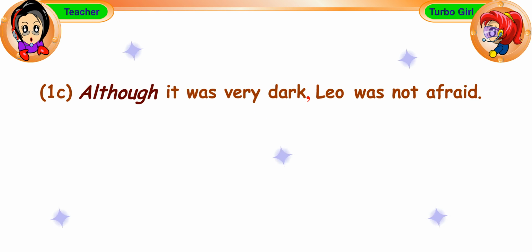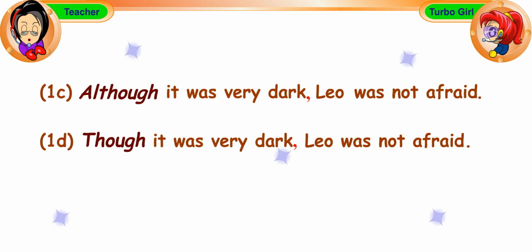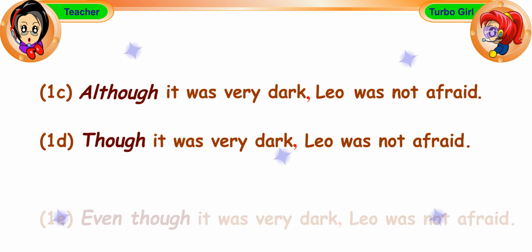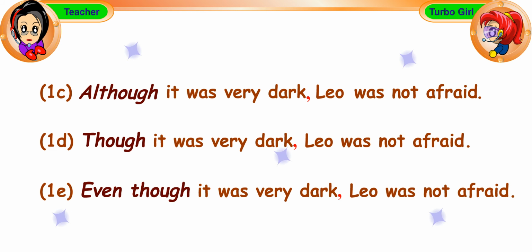Examples of the use of though and even though at the beginning of the sentence are 1d. Though it was very dark, comma, Leo was not afraid. 1e. Even though it was very dark, comma, Leo was not afraid. When we move the clause to the beginning of the sentence, we must remember to add a comma in between the 2 clauses.